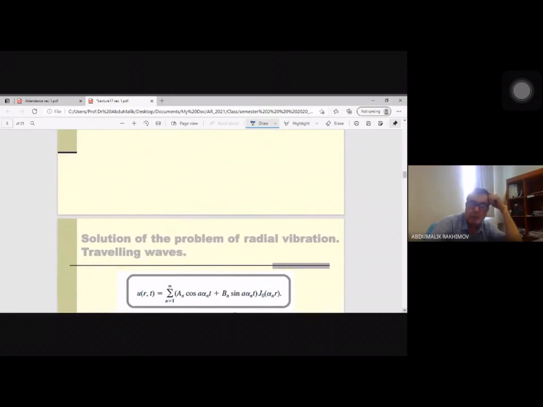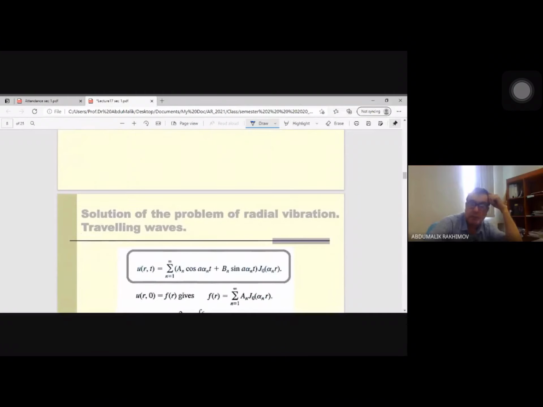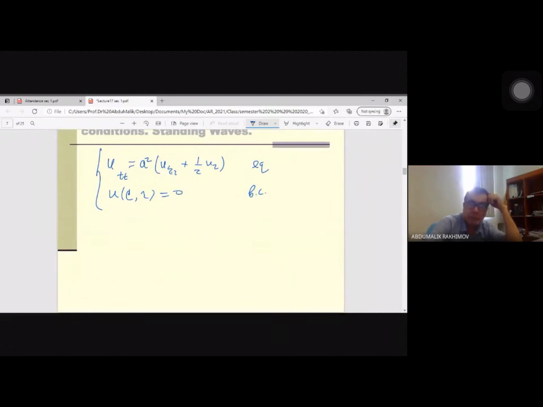So what is the solution? The solution of the problem we will search for is a combination of standing waves. The solution u(r,t) we will search in the form of a combination of all standing waves, n from 1 to infinity, u_n(r,t).